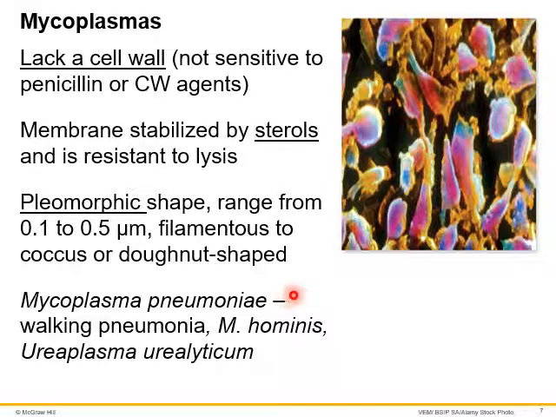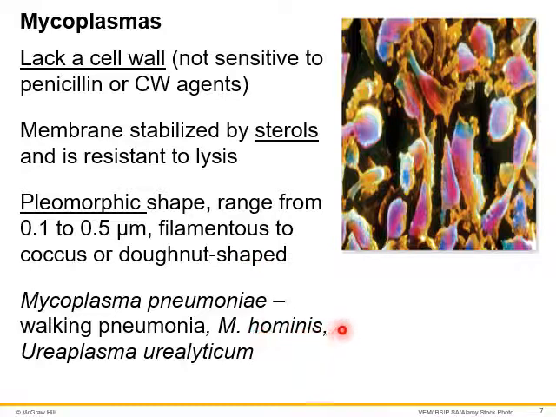Now, included in the mycoplasmas are Mycoplasma pneumoniae, which causes an atypical pneumonia, walking pneumonia. You don't treat it with penicillin because penicillin works on cell walls, and so this would be ineffective.